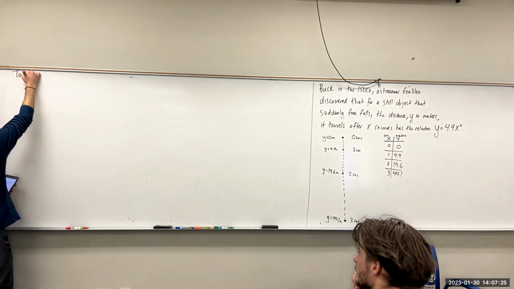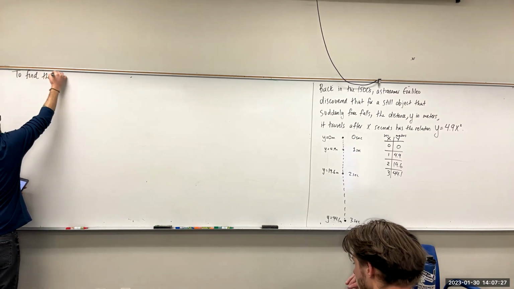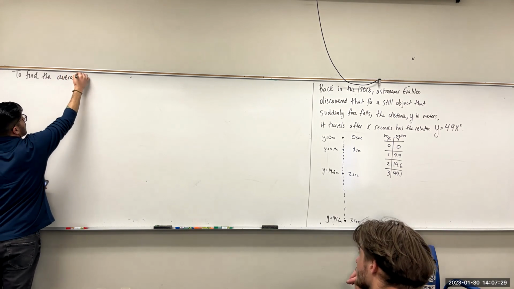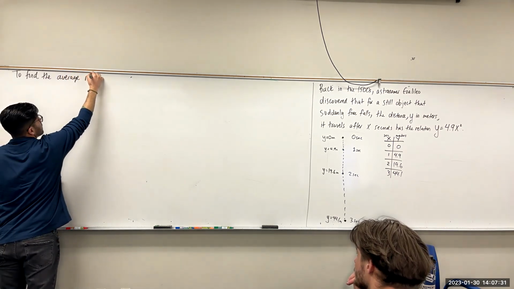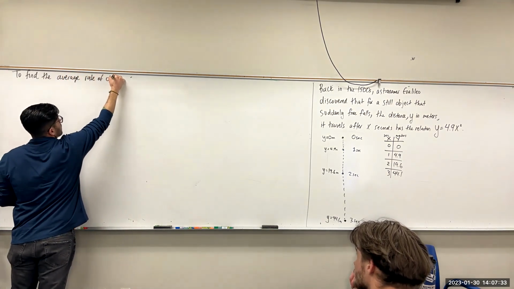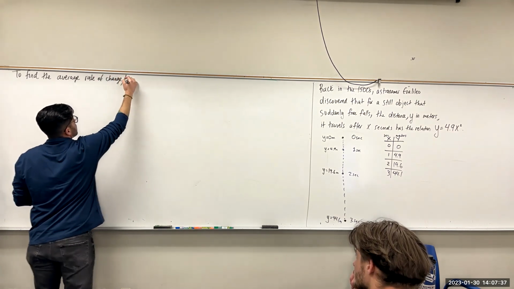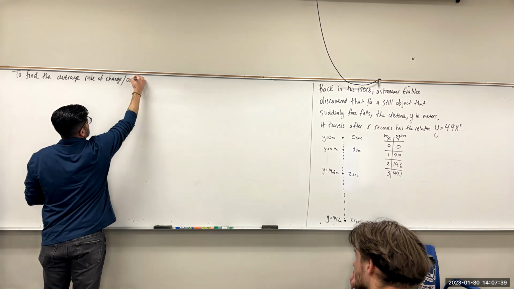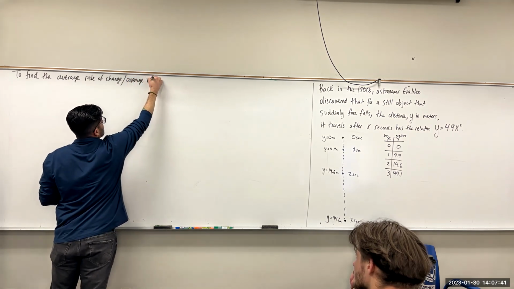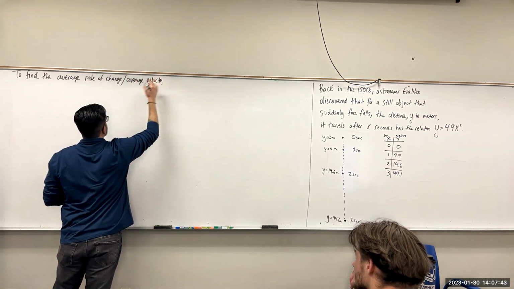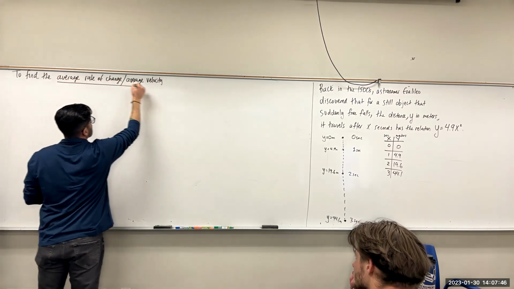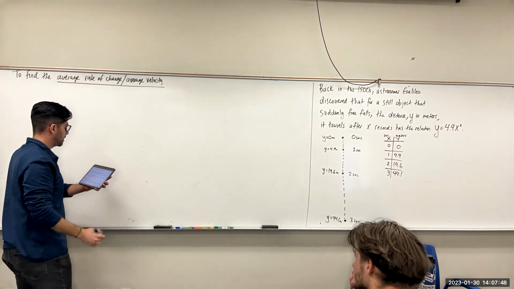So to find the average rate of change, and if this was a physics class, it's called the average velocity, because we're talking about motion here.